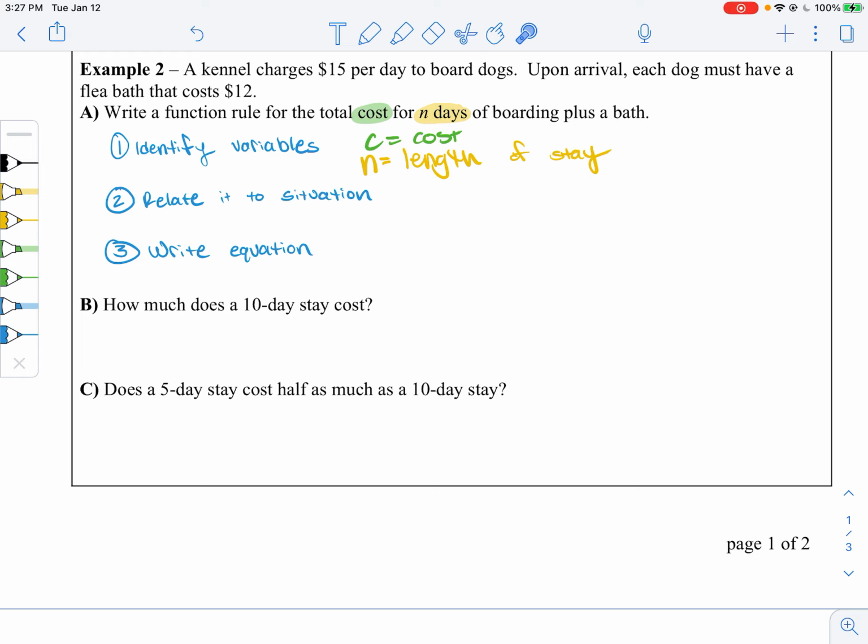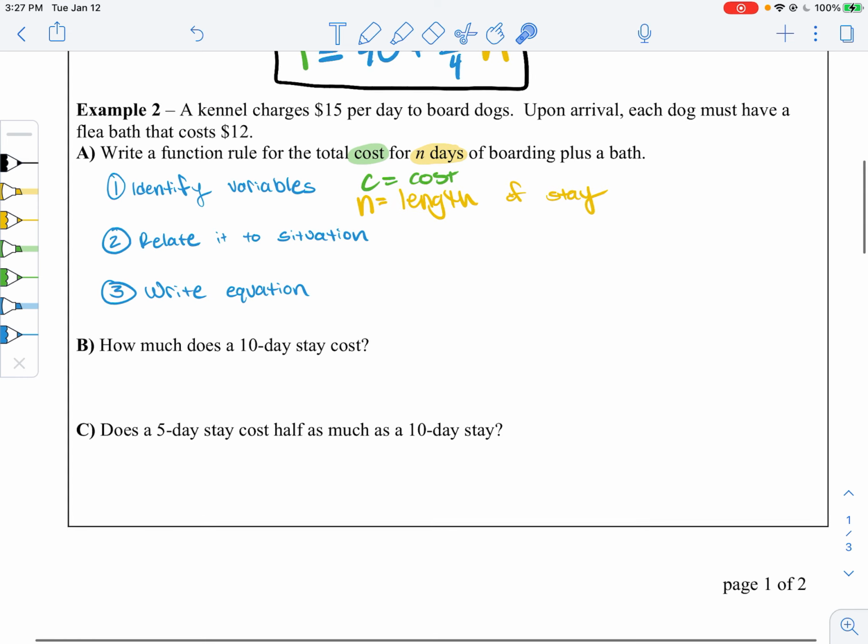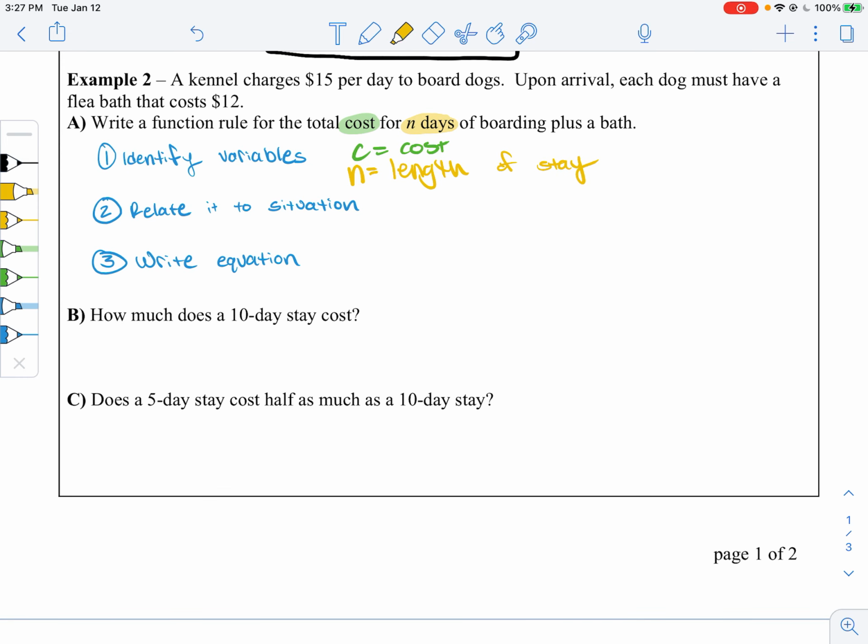So the question we're asking is, what is the cost of the days? Well, let's see. Okay, we know it is $15 per day. So that'll give us 15 times the length of our stay, the number of days we stay. Upon arrival, each dog must have a bath that costs $12.